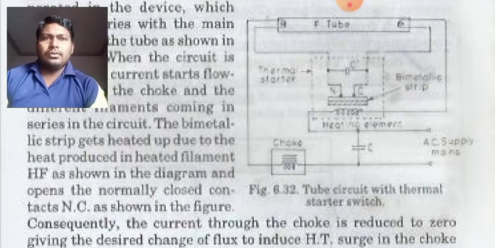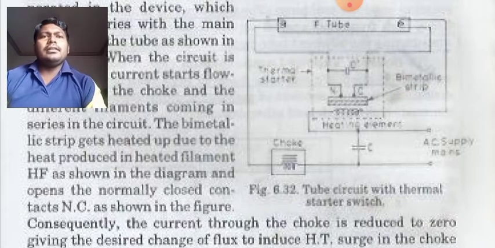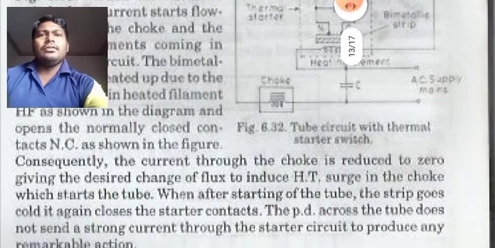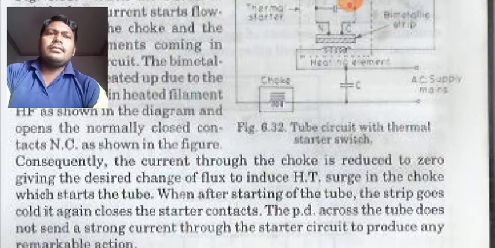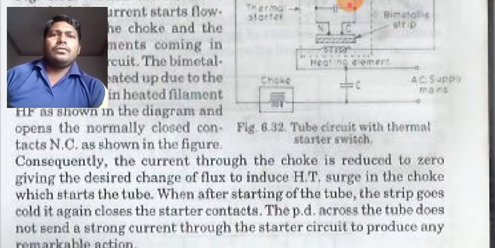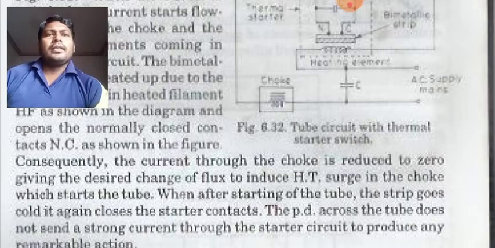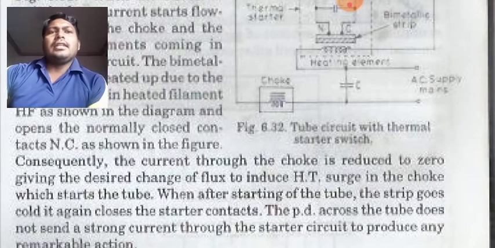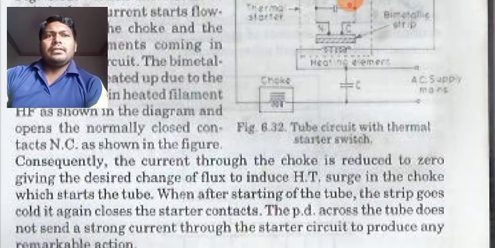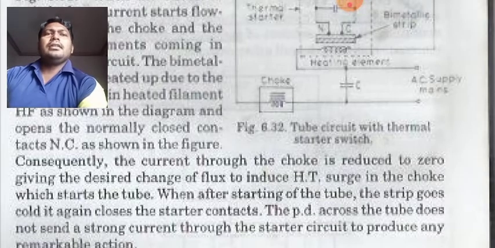Consequently, the current through the choke is reduced to zero, which gives the desired change of flux to introduce a high tension surge in the choke, which starts the tube. After starting of the tube, the strip goes cold, and it again closes the starter contacts.